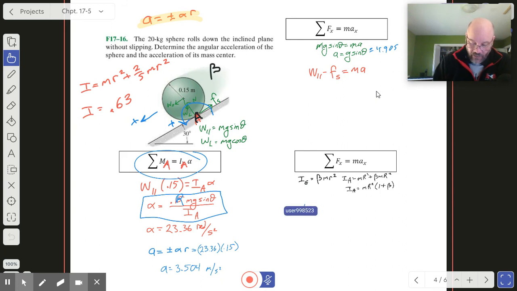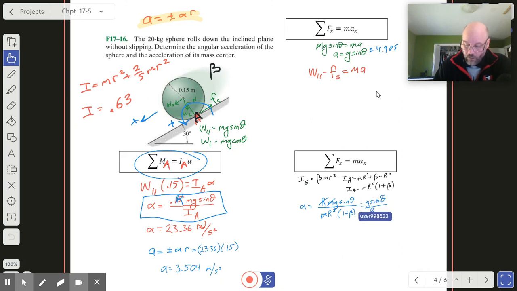We're going to get that alpha is equal to r mg sine theta, and we divide by mr squared times 1 plus beta. And then the m's are going to cancel. I'm left with an r in the bottom. I'm left with g sine theta over r times 1 plus beta.